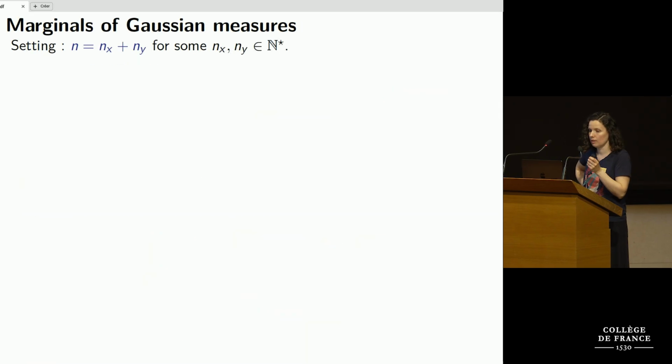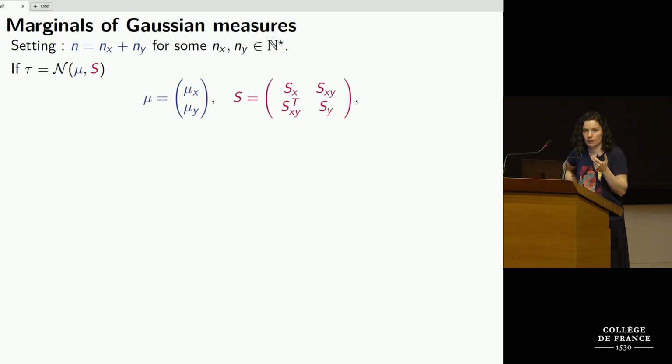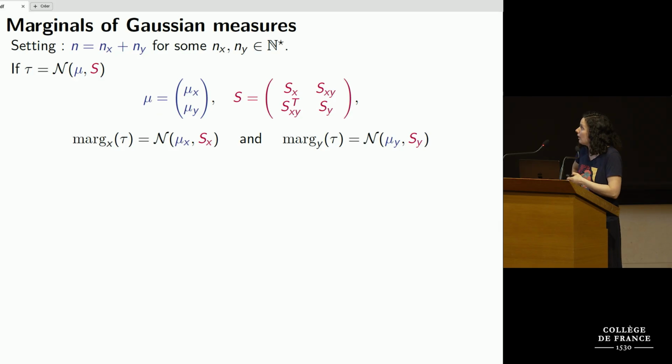So in a simplified setting of a single Gaussian measure, let's say we have the space that separates in 2 dimensions. We consider a 2D Gaussian. So we have a center which can be decomposed as mu x, mu y, and the covariance matrix can also be block decomposed. What is very nice about this is that the marginals can be explicitly written from this block decomposition.